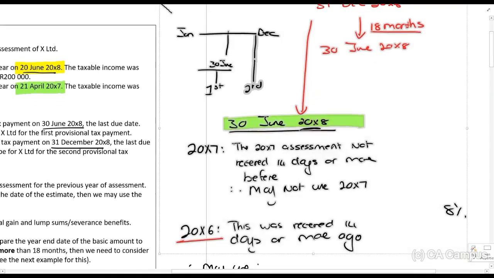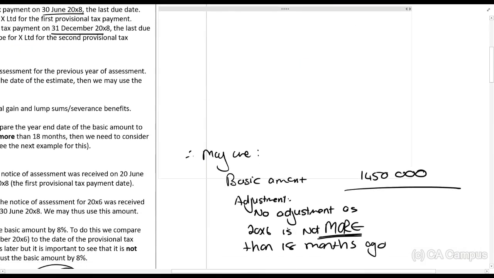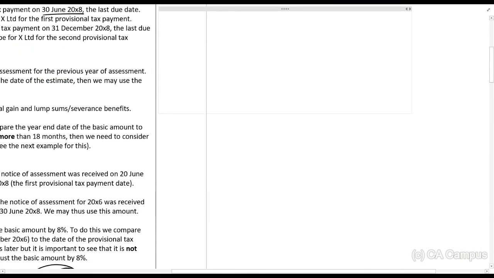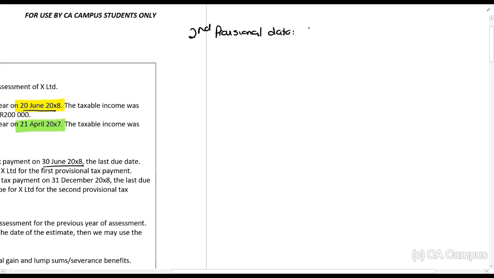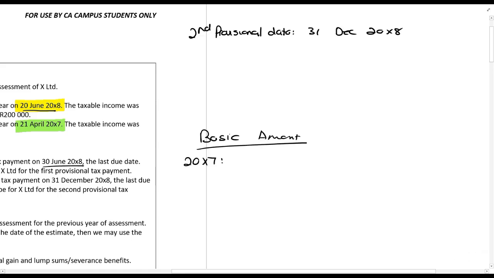But obviously we now have to just take into account the adjusted dates. Okay, so second provisional date is 31 December 20X8. Okay, so when we do the basic amount now, we again start with the previous tax year, 20X7.